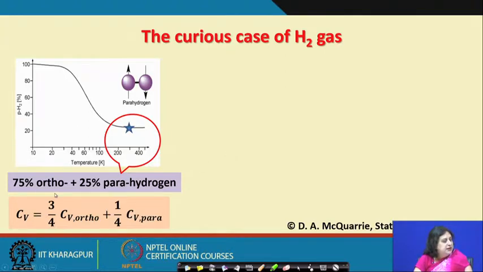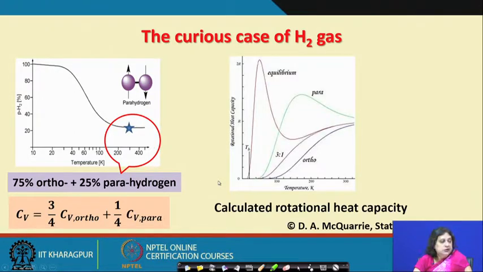So, I will take 75% of the CV for the pure ortho hydrogen plus 25% of the CV of the para-hydrogen, add the two up and get the CV for an equilibrium mixture had it been 75% ortho and 25% para. Now, the result of the calculation was extremely interesting.